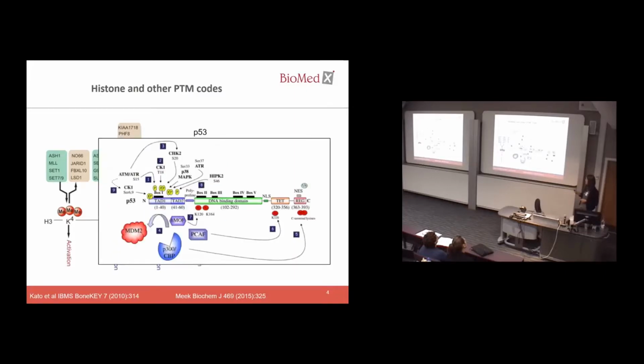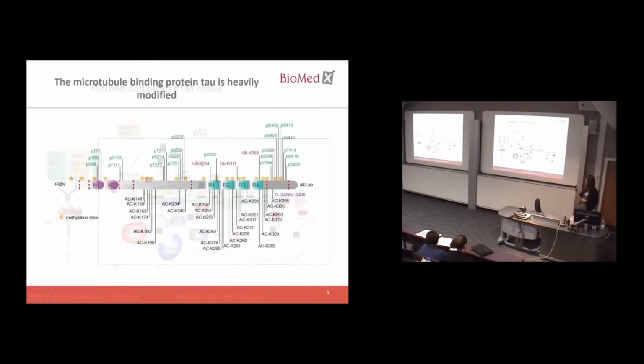But it's not only histones. One other protein that's famous for PTMs is p53, which has phosphorylation, acetylation, and many different modifications that will determine its function. My team is working on the microtubule binding protein tau, which is another one of these heavily modified proteins.